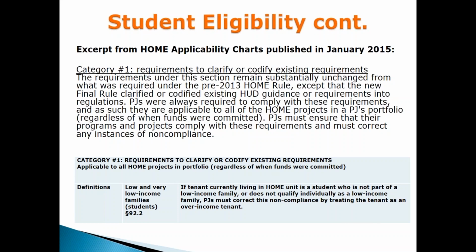But in January of 2015, HUD issued some clarifying guidance that said that this new definition actually applies to all HOME projects regardless of when funds were committed. So if you have a project that the city awarded HOME funds to 15 years ago, this new requirement around student eligibility applies to those programs too.